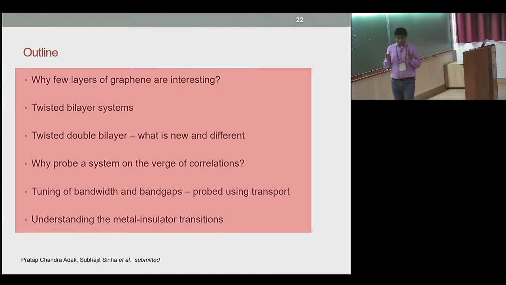The take-home message is that in a certain regime of the transport measurements, we can actually extract bandwidths by doing transport measurements. And the bandwidths are tunable with electric field, which is indicative that electric field itself is a very powerful knob to tune the correlations in the system. So I'll stop here and take any questions that you might have. Thank you.